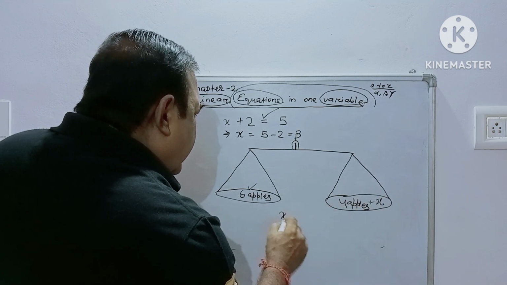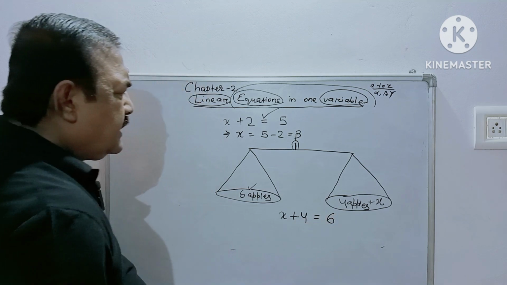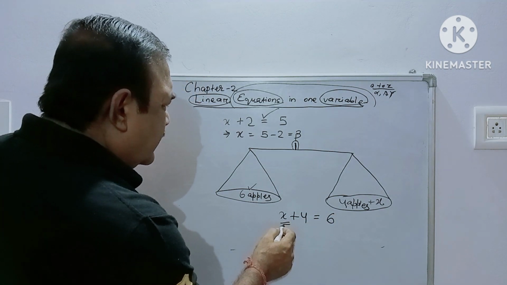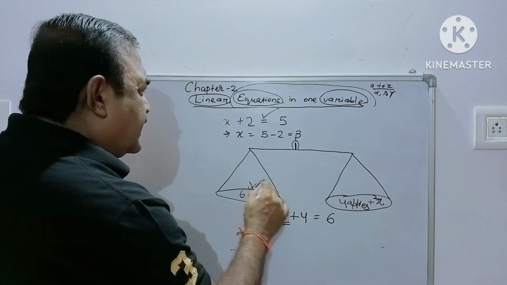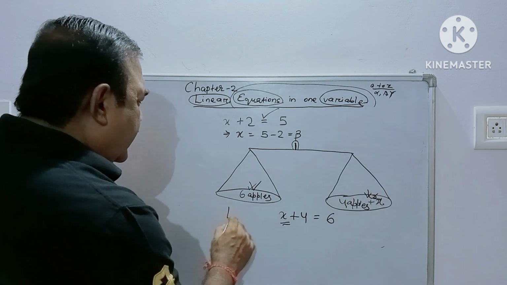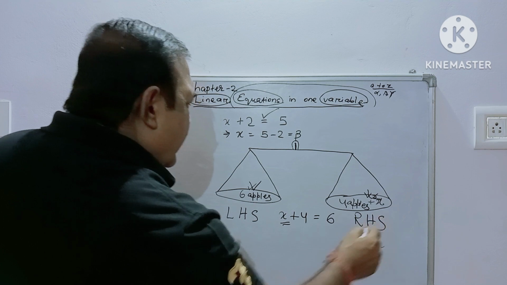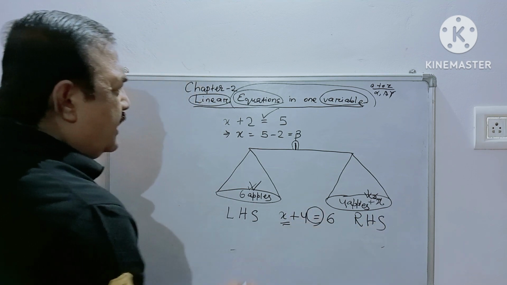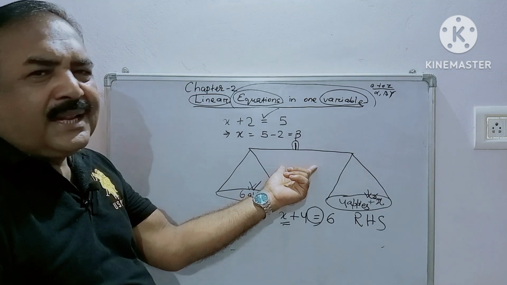So x plus 4 will be 6. So what is the value of x? I must put 2 here. So if I put 2 here, here it is 6 apples, here it is 6 apples. So here it is left hand side, here it is right hand side. And you see the sign of equality, and you see the balance is balanced or not.